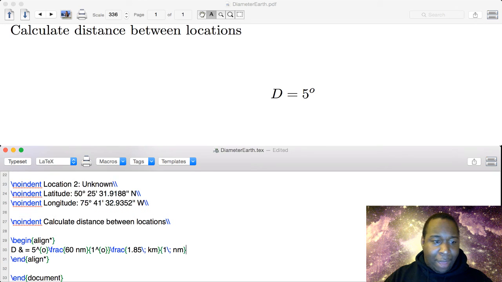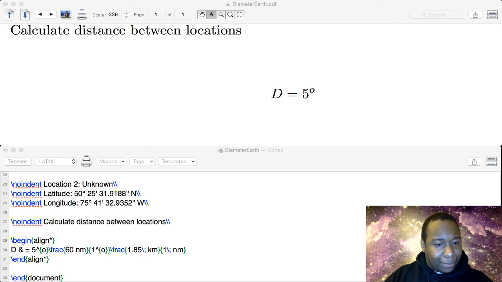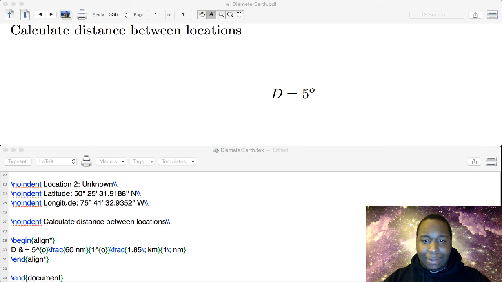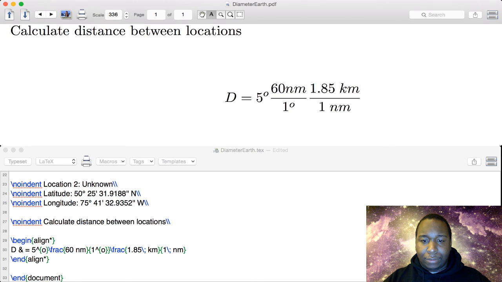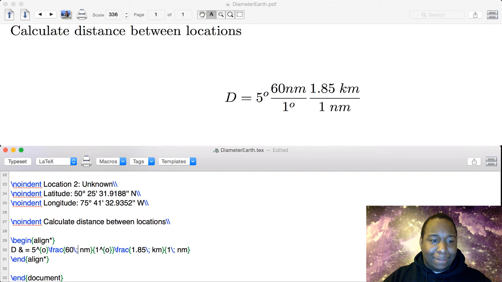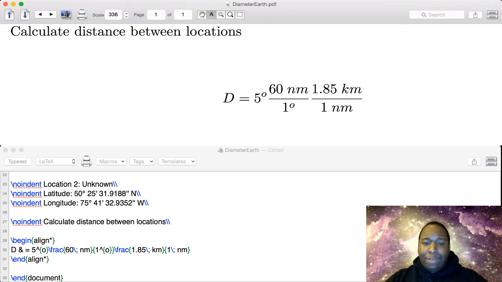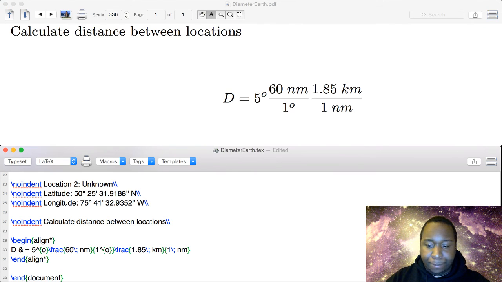All right, guys, make sure my math is right there. I think that this should work just fine. And I'm going to quickly throw in some brackets so that we know what we're looking at here.